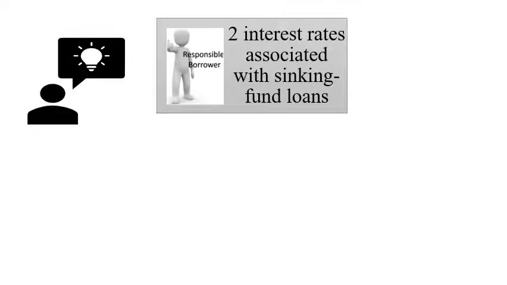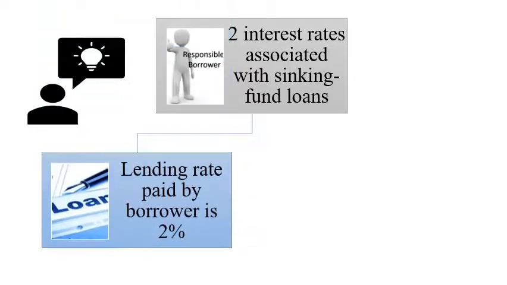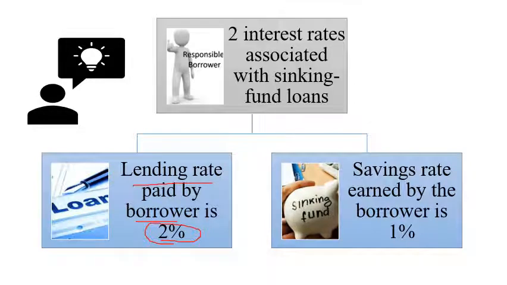For this example, we know that we have two different types of interest rates associated with sinking fund loans. The first one is called the lending rate, paid by the borrower. In our case, it's 2%. Quarterly interest on the loan is 2%. And the second type of interest rate is the savings rate, earned by the borrower.